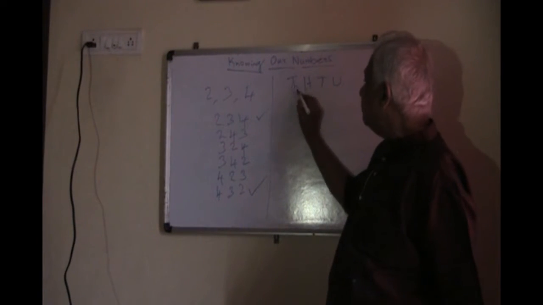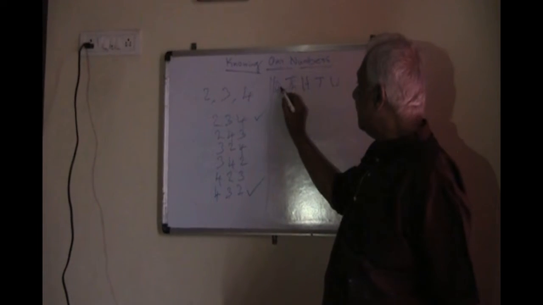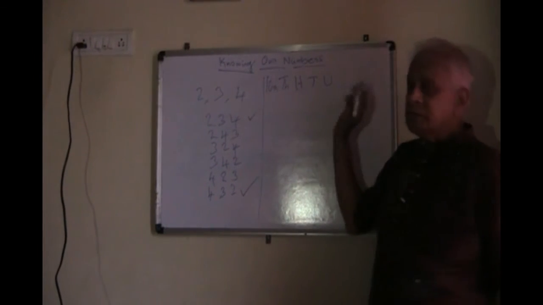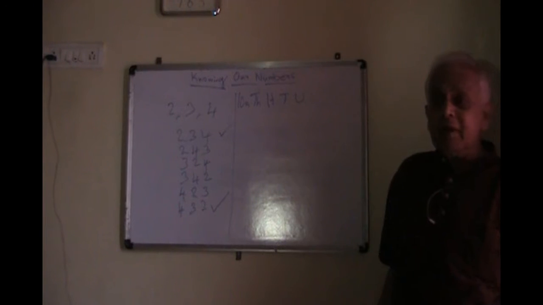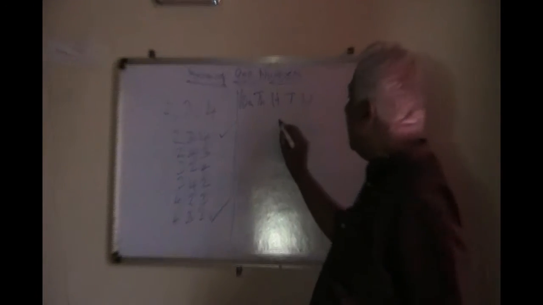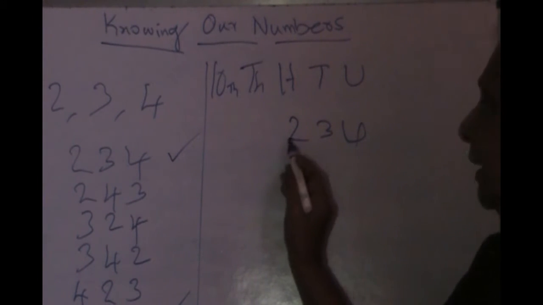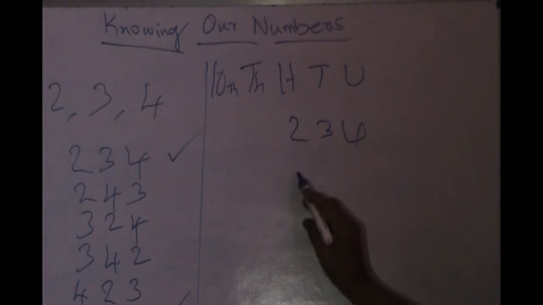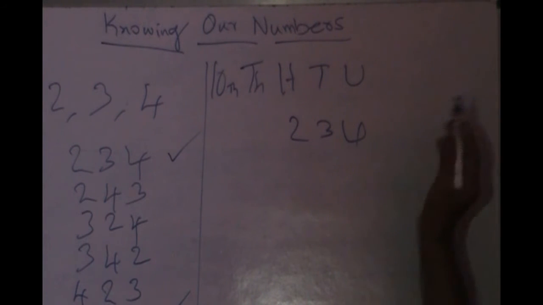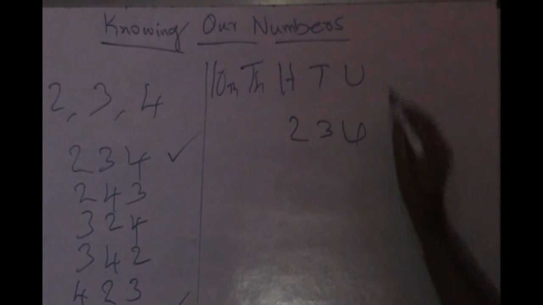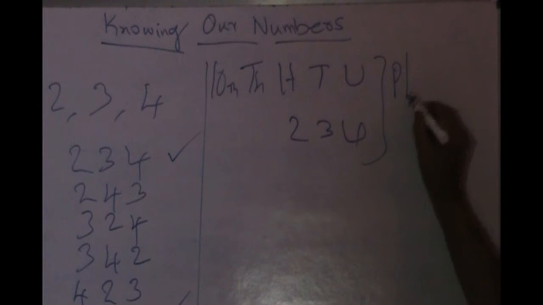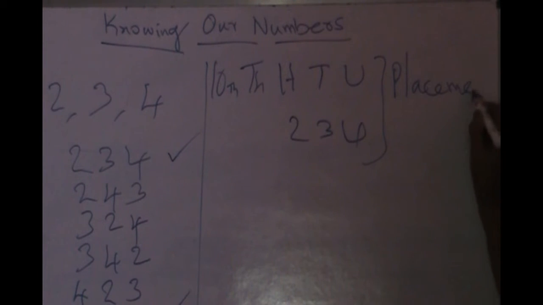This is 1000th. This is 10,000th. Something like that. So when a number is written, you write 2, 3, 4. You may be able to understand this is 2 hundreds, 3 tenths and 4 units. This is how this is called the placement of numbers.